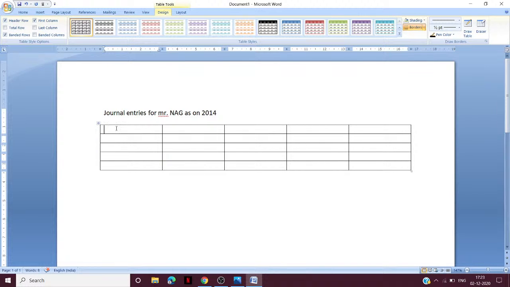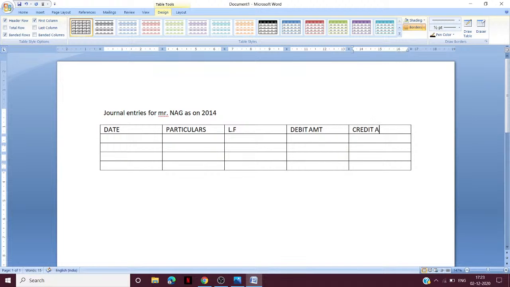This becomes our format: date, particulars, LF number, debit amount and credit amount.